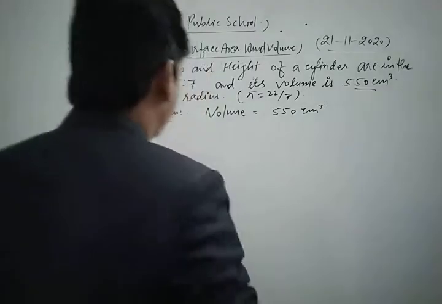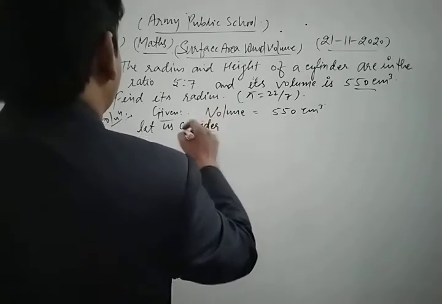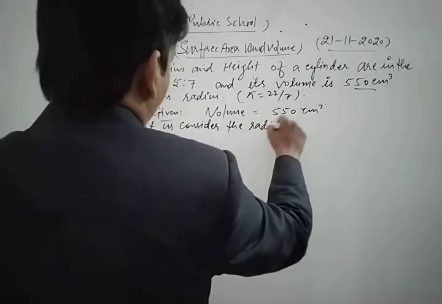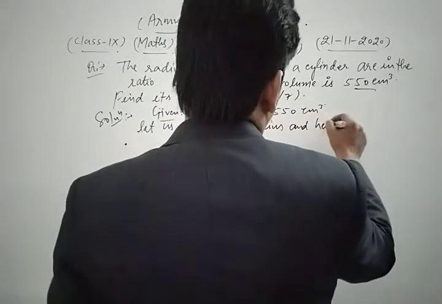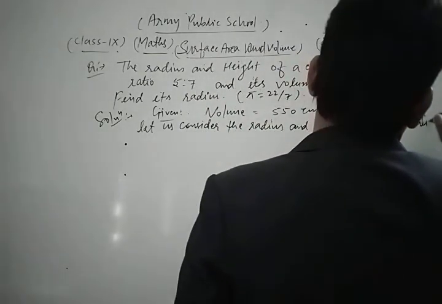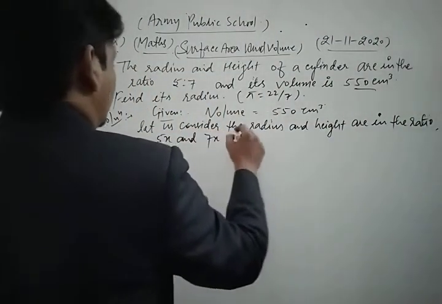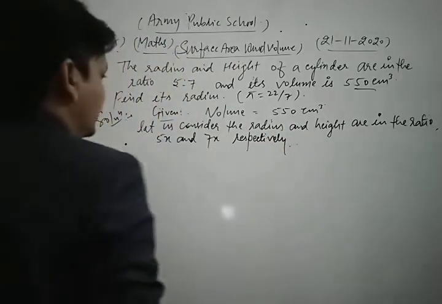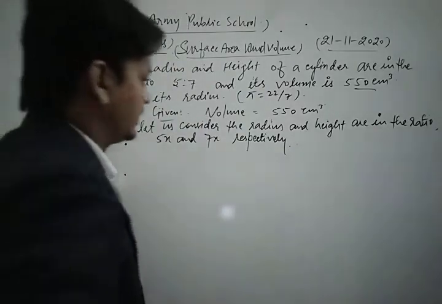Let us consider the radius and height are in the ratio 5x and 7x respectively.